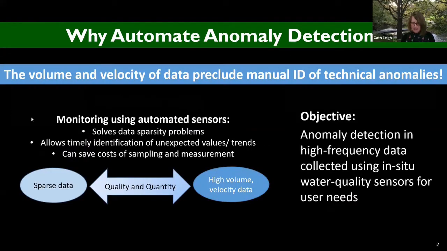Okay. So the question, hopefully we've already answered this, and you probably also know the answer to this, but why automate anomaly detection? As we've seen, the volume and the velocity of data are now precluding manual identification of technical anomalies that we're now generating from these high frequency in situ sensors in river networks and in other types of environmental networks.